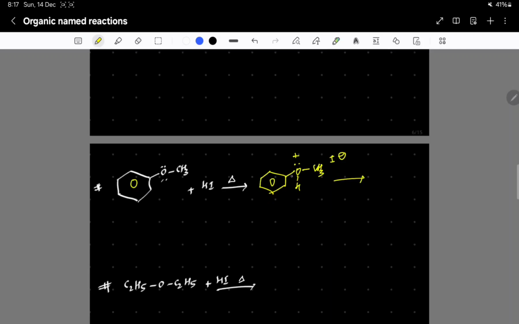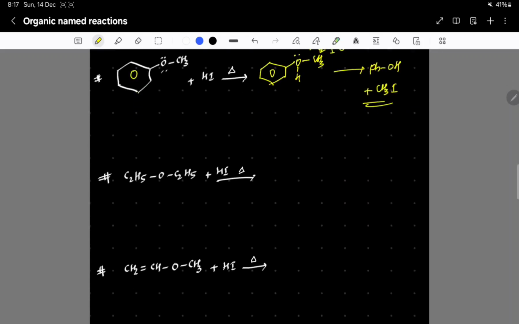This position is not possible to break, because it would give a phenyl cation, which is highly unstable. That's why this bond will cleave and this bond formation will take place. Now our product will be phenol plus methyl iodide.